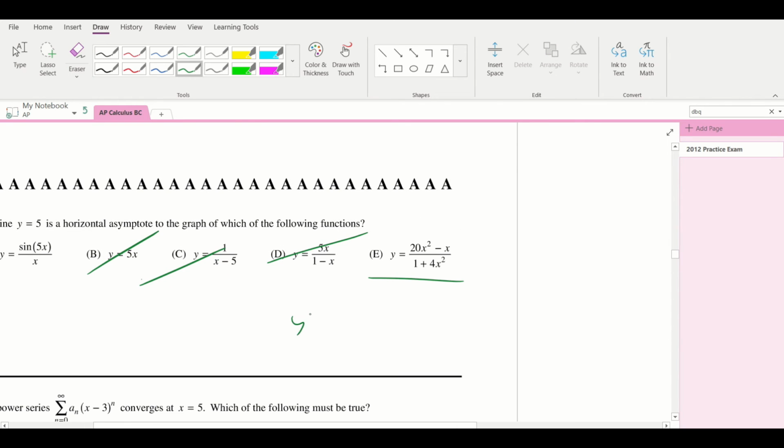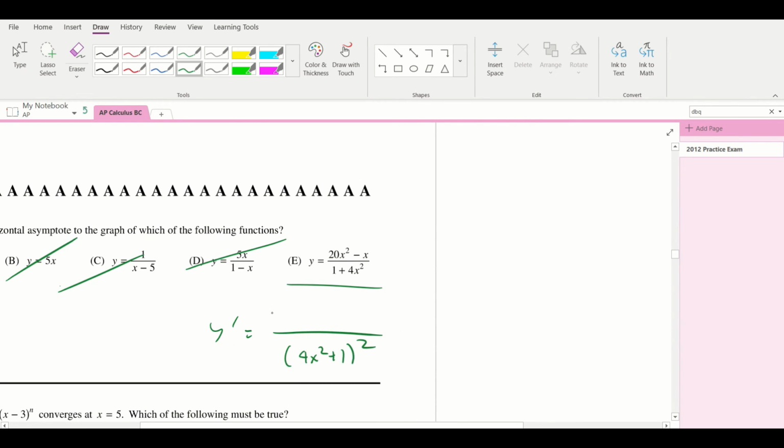So we have y prime is equal to, now we have to see if this equals 0.